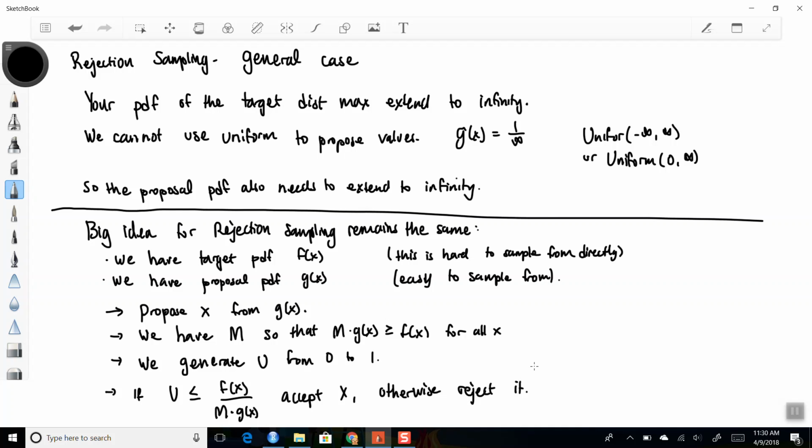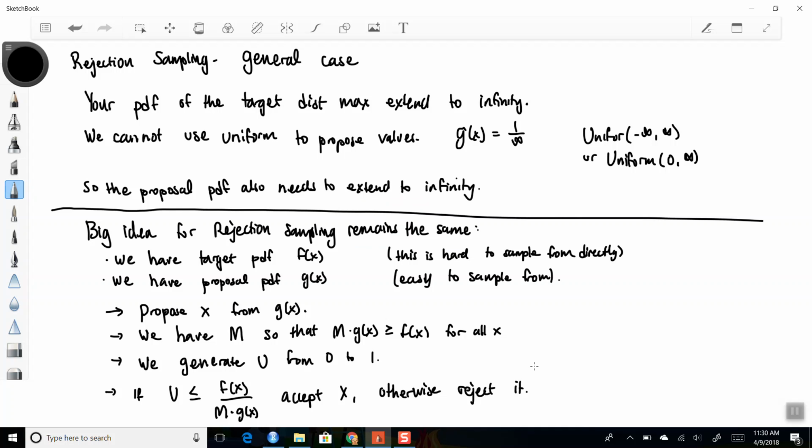Okay? So the concept here is exactly the same as the uniform case. The only thing that's different is that in the uniform case, the PDF of the proposal, g of x, is a constant. In our case, it was like 1 over pi, or if you have a different interval, it's going to be 1 over the width of your interval.